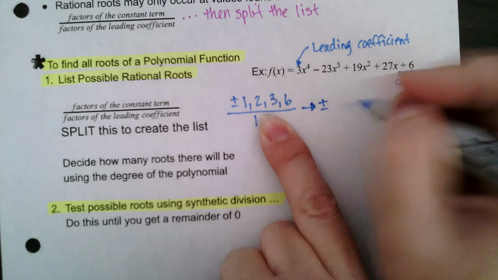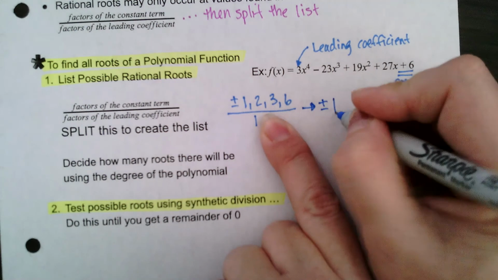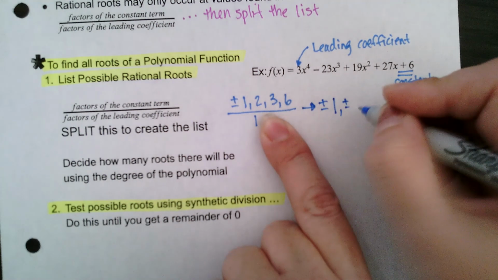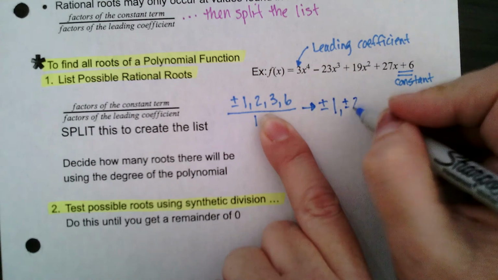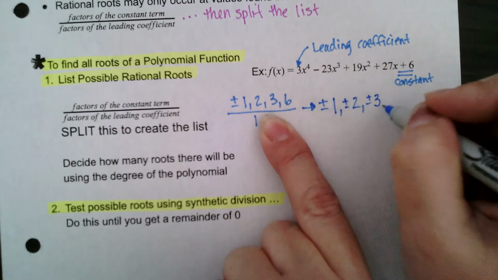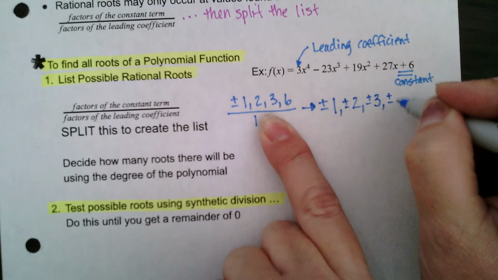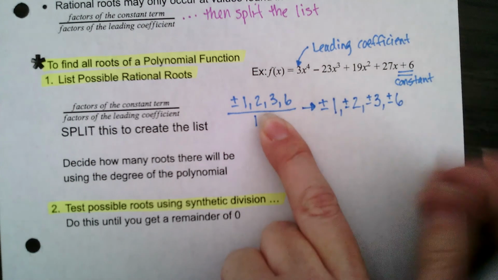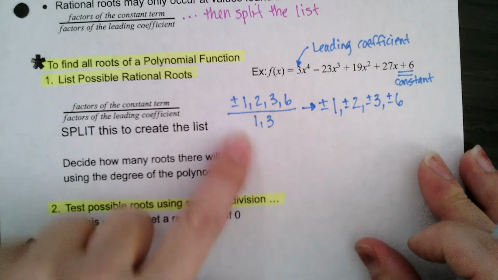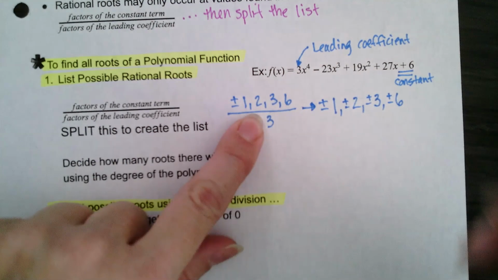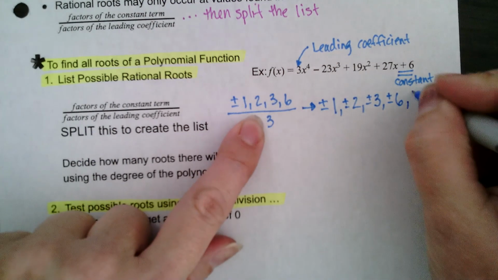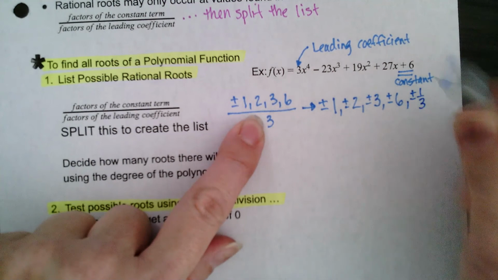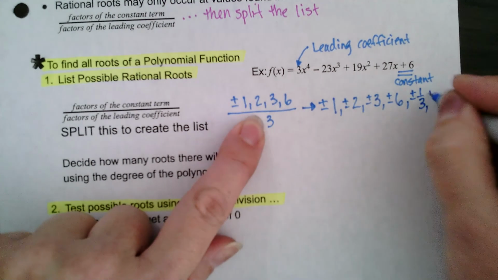So I will have plus or minus 1 over 1, which is 1, plus or minus 2 over 1, which is 2, plus or minus 3 over 1, which is 3, plus or minus 6 over 1, which is 6. And then I move on to the next denominator, and I do the same thing. So I'll need plus or minus 1 over 3, which is a fraction, and then plus or minus 2 over 3.